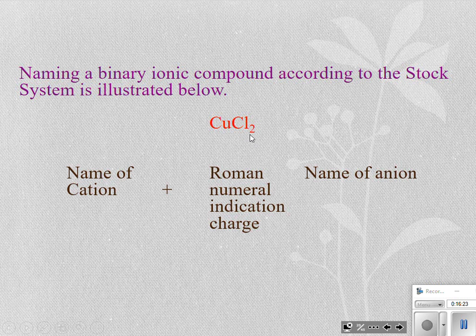Each one is -1. So my total charge for chlorine here is -2. How do I get that equal to 0? Obviously, I need to have a +2. So what copper am I dealing with here? 2.